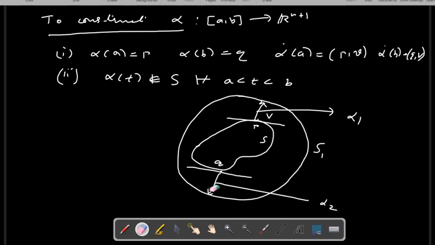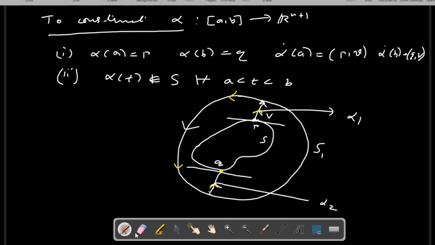So I will make it in another way. I'll go in this way. I'll start from P and go by this way and come around like this. I'm going by this way, coming to this, and going back to this point Q. So this path I have.